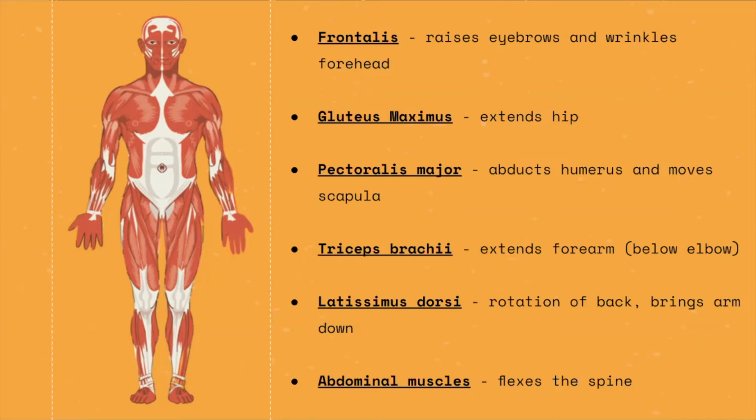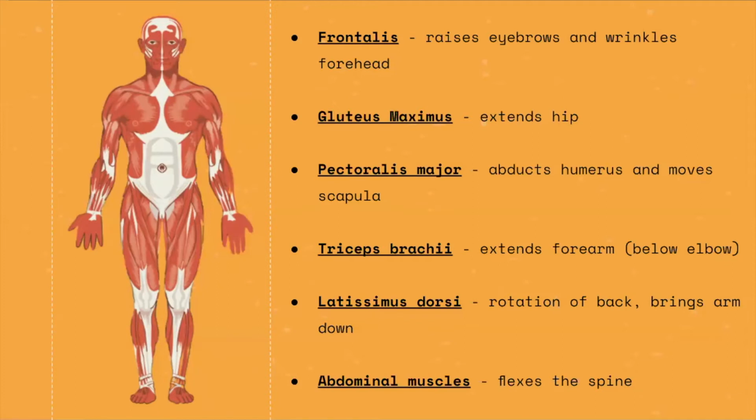Yes, the brain sends the impulse to the frontalis, and that's when the frontalis lifts, raising the eyebrows and wrinkling the forehead. Okay, next we have the gluteus maximus, which extends the hip. Yes, the gluteus maximus is the muscle that covers your buttocks.